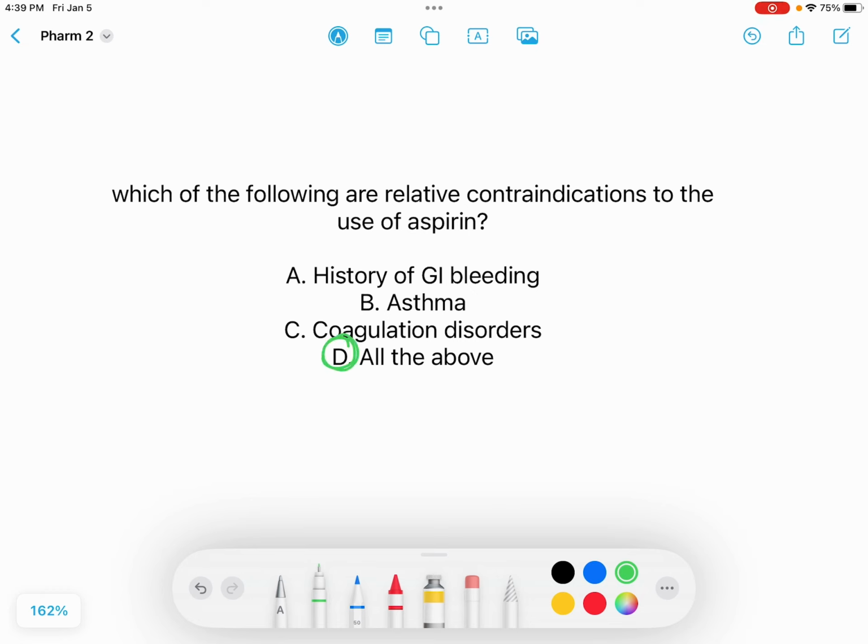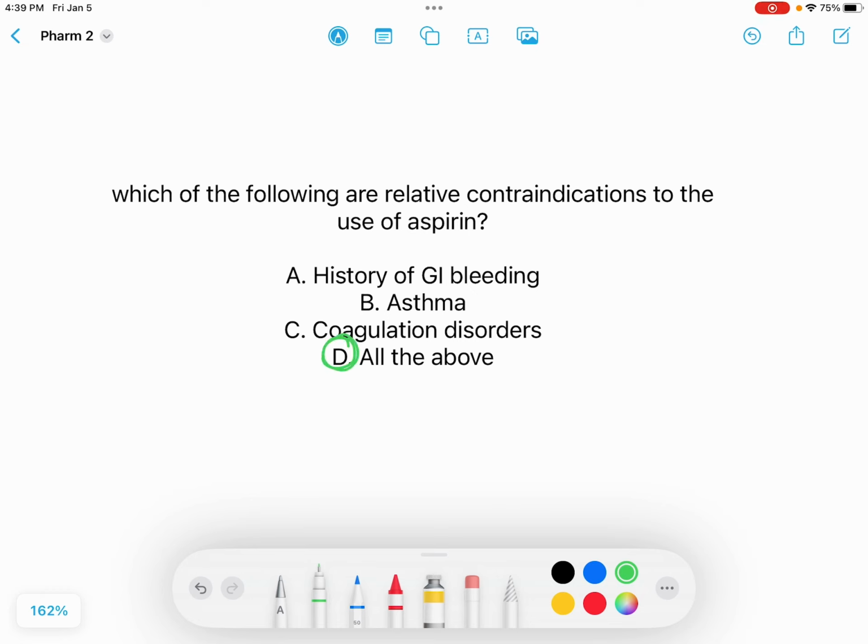So make sure that you ask a patient if they mention a history of GI bleeding, hey, do you have an active GI bleed right now? Or are you being treated for an active GI bleed right now? If they're being treated for it, okay, obviously we don't want to give them aspirin because it can make it worse. But if they just have a history of it, the benefits outweigh the risks at that point.